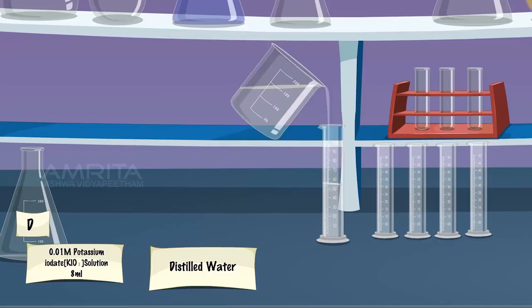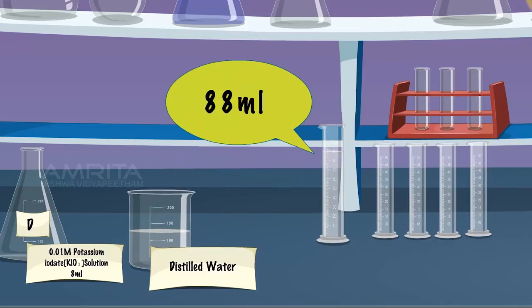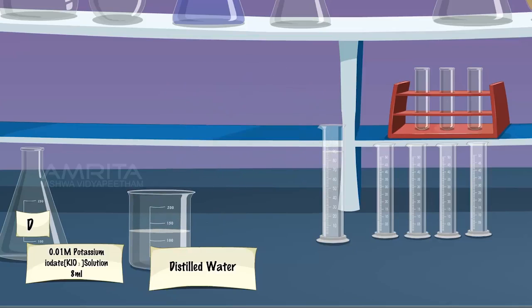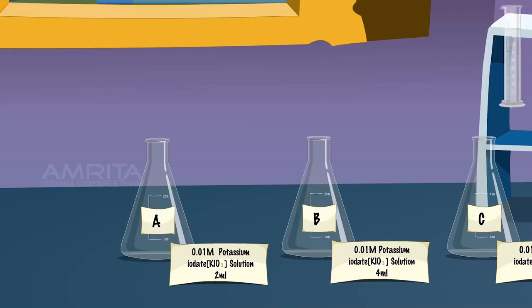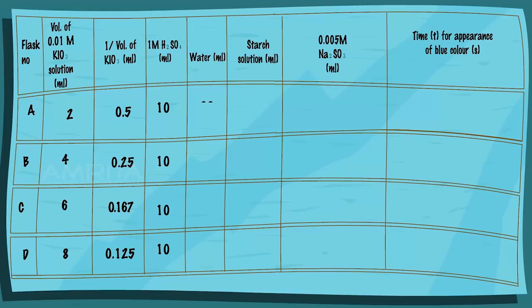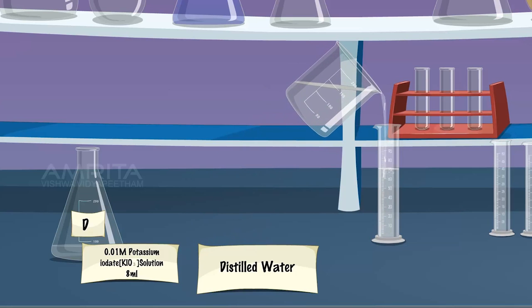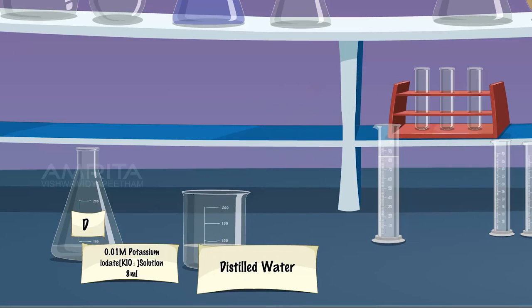Measure 88 milliliters of distilled water in a measuring jar. Pour it into flask A to make the volume of the solution 100 milliliters. Then measure 86 milliliters of distilled water in the measuring jar.